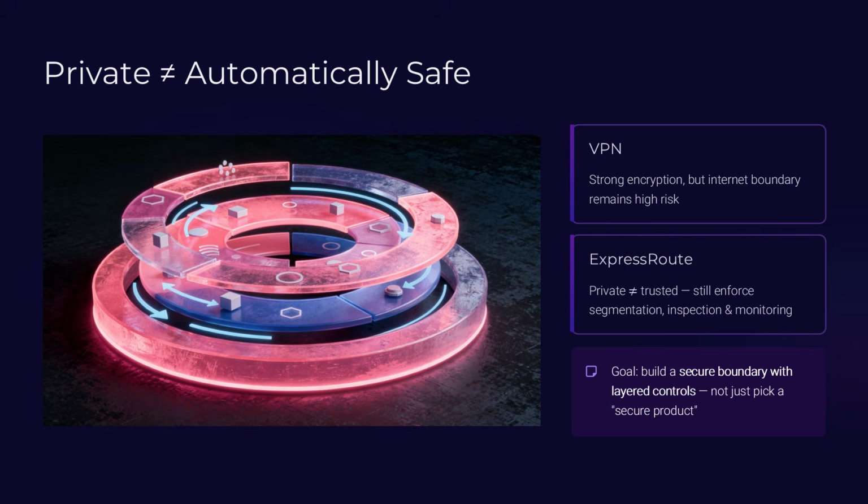ExpressRoute provides private connectivity, but private connectivity is not the same as trusted connectivity. So you still enforce segmentation, identity controls, traffic inspection, and monitoring. Your goal is not to pick a secure product. Your goal is to build a secure boundary with layered controls.